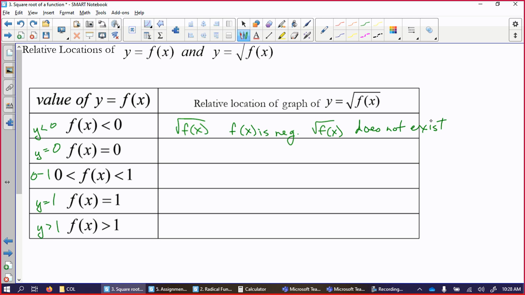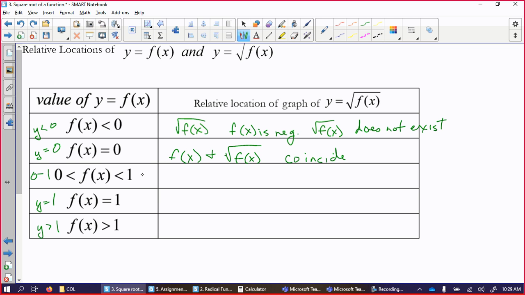It doesn't exist. The square root of 0 is 0. So we say these coincide. They're the same. There's no change in that point. If it's 36 and 0, well, that point, when you take the square root of the 0, it's still the same.